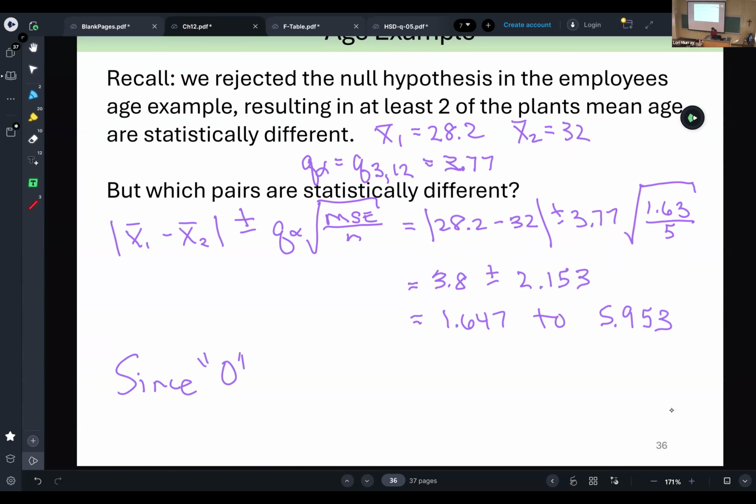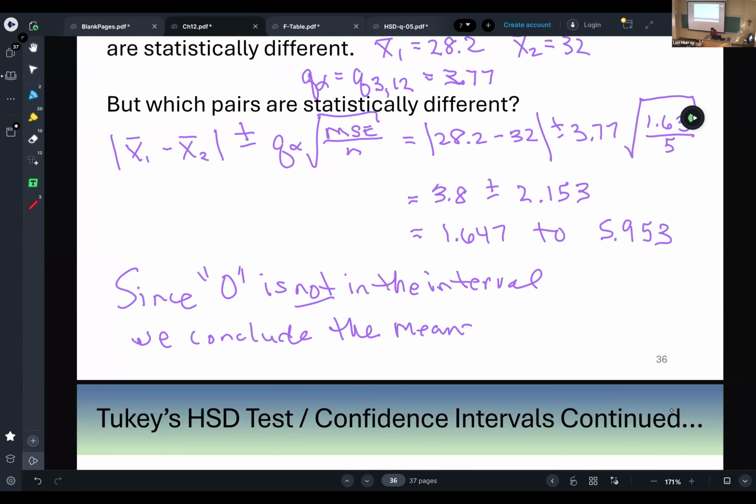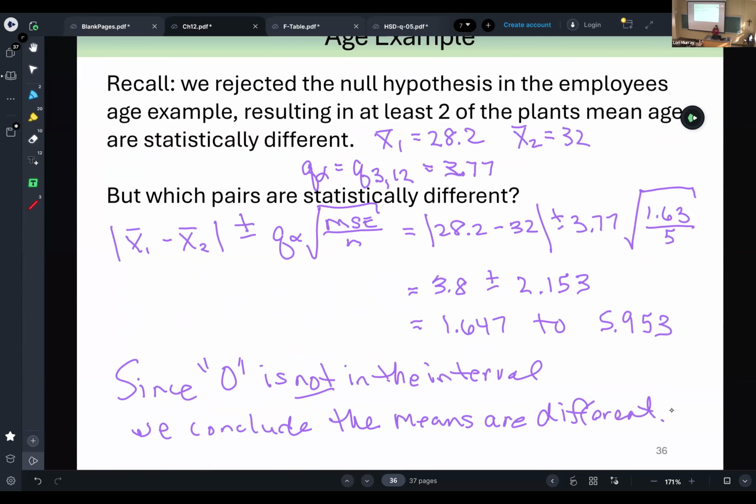Since 0 is not in the interval, we conclude the means are different. There is a statistical difference between the average ages of plant 1 and plant 2. That concludes this. All right. We're going to go on to the next chapter.